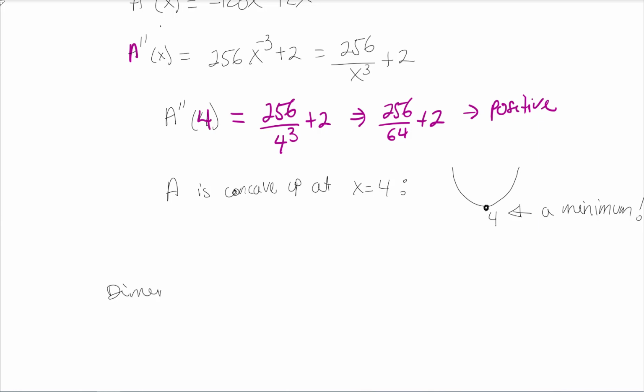So the dimensions for the minimum surface area are x equals 4 and y equals 2.